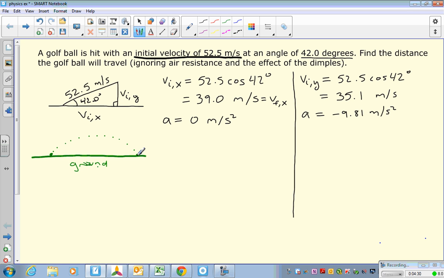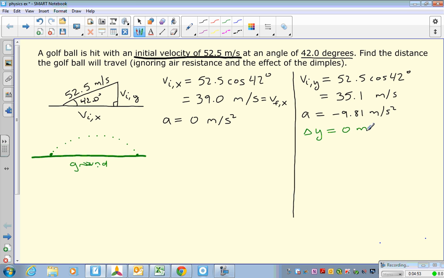So if I start on the ground and end on the ground, that means that in the y direction, up and down, my displacement is 0 because it's starting and ending at the same place. So I'm actually going to add that to my assumptions over here, that delta y is going to be 0 meters, if I want to add my unit in there.